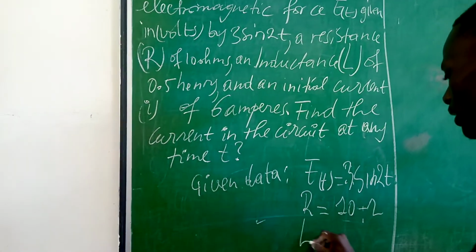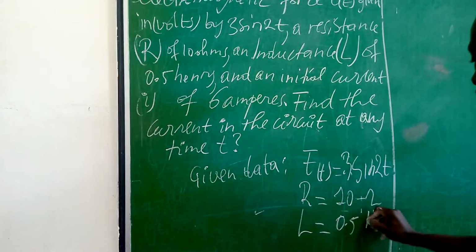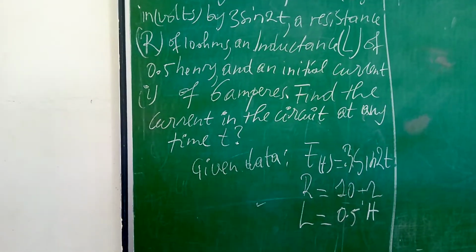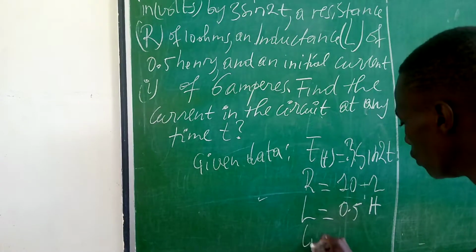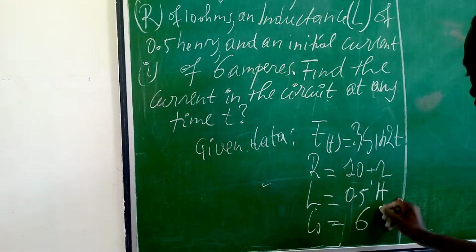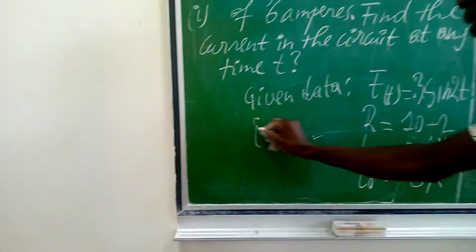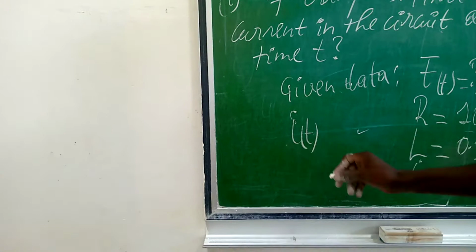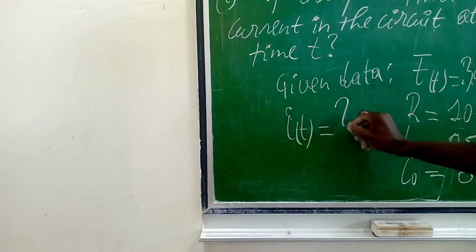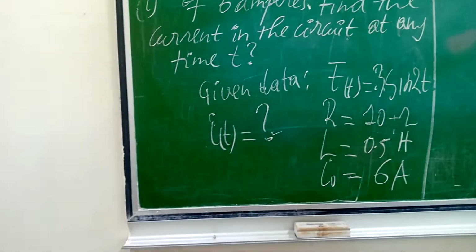Then we have inductance equal to 0.5 henry. And then we have initial current equal to 6 ampere. So what we are asked to find is the current at any time, which means we will find it as a function of time.